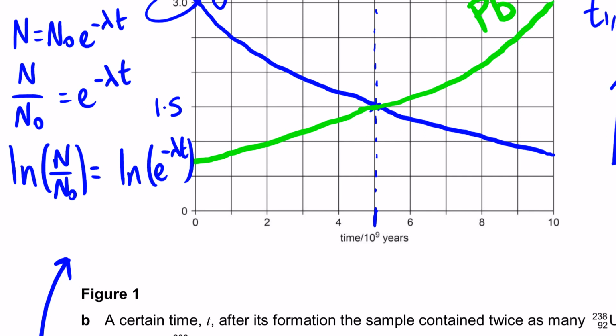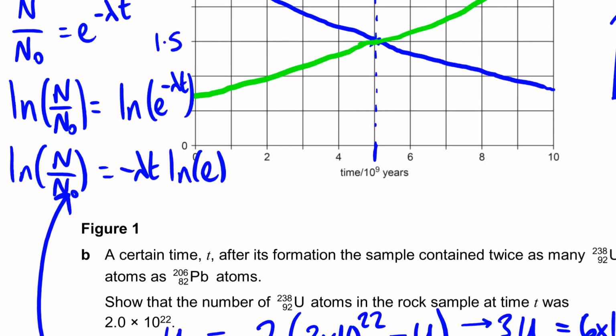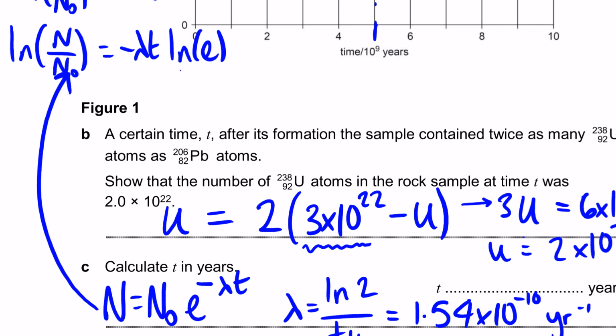Log rules mean we can bring that minus lambda T down to the front. So we've got minus lambda T ln e. Ln e is equal to 1. So we then end up with minus lambda T equals ln N over N naught.